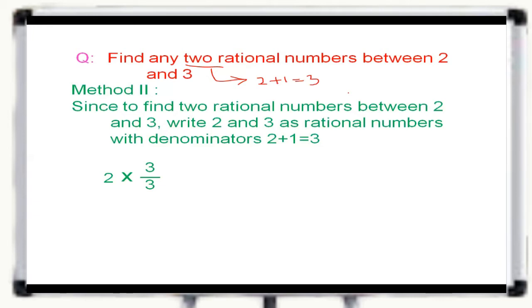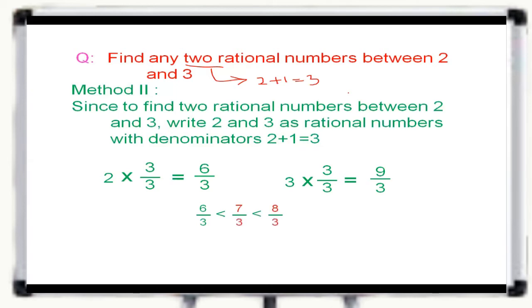So 2 into 3 by 3, that means we multiply and divide by 3, gives 6 by 3, and 3 into 3 by 3, multiplying and dividing with 3, gives 9 by 3.